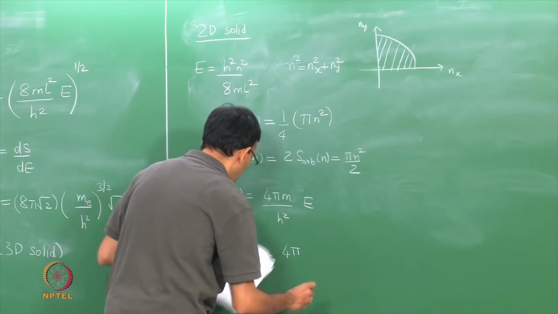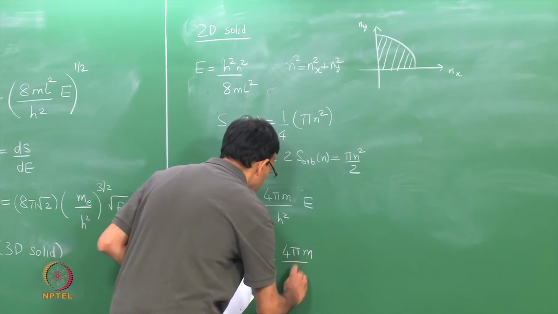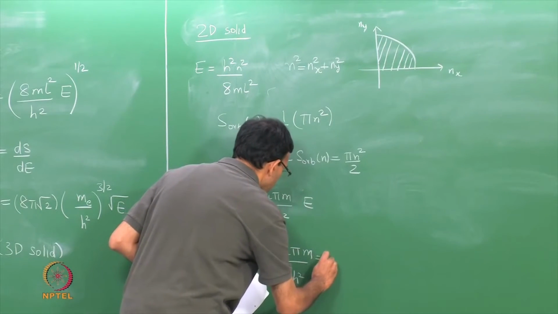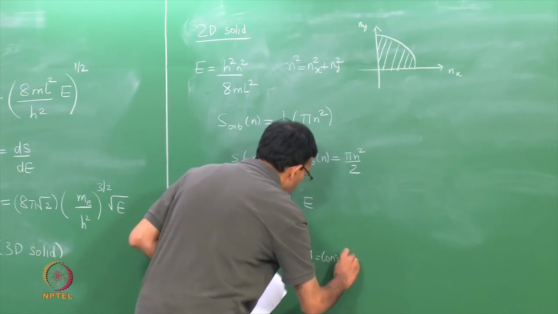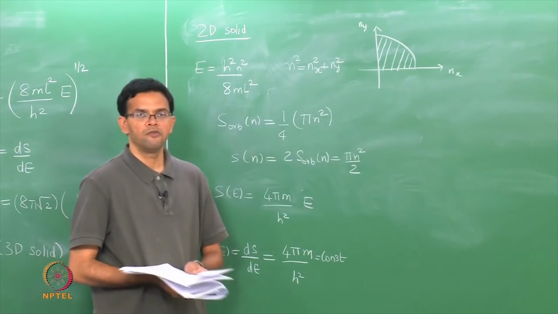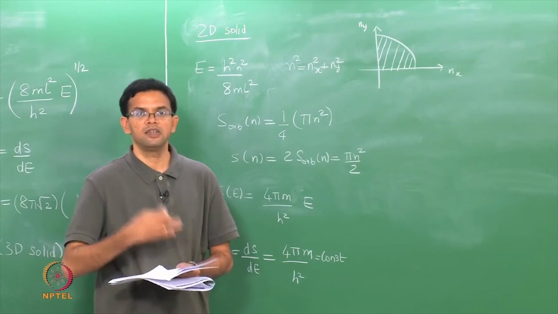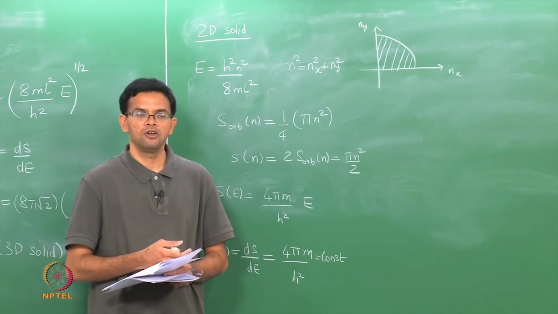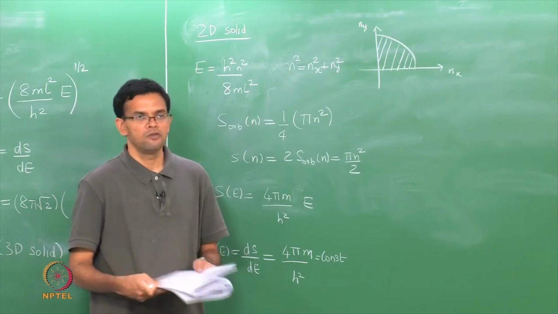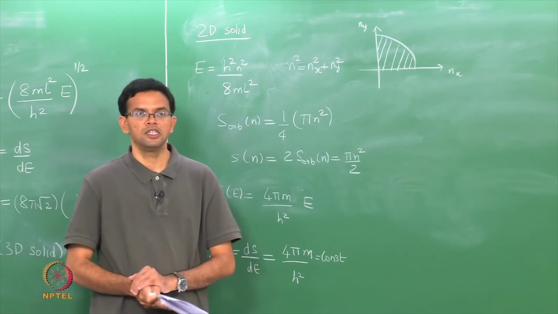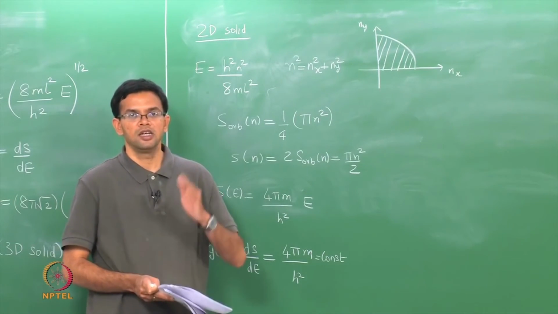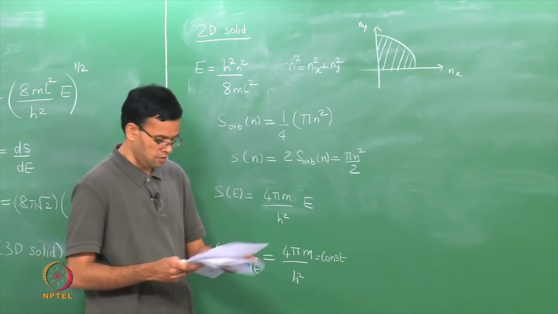So, 4 pi m over h squared. So, for a 3D solid we found that the density of states increases with energy, it goes as the square root of E. For a 2D solid the density of states is essentially just a constant.